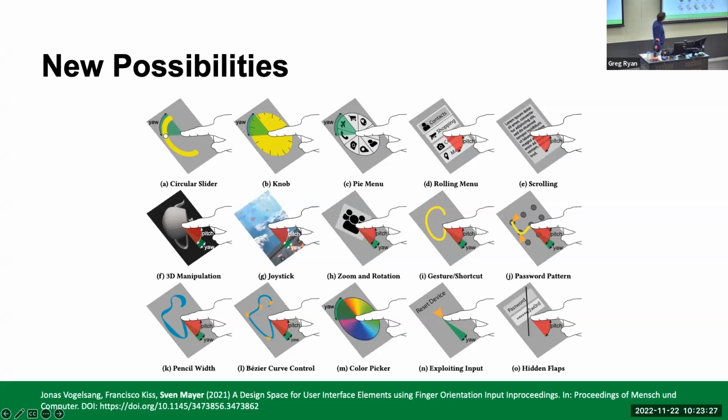Scrolling would be one, list menus, and then 3D manipulation, joystick input, zoom, rotation, and tilt all in one point, and picking from a color menu, making the pencil width different depending on how you hold it. This is what you would have from a real pen, but now you can have a simulated finger as a pen, and if you get the rotation from that, you can make the width of the pencil depend on this. Okay, so this was the first outlook.